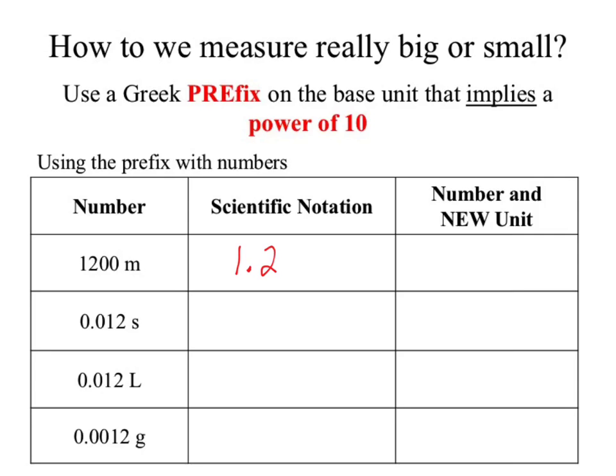1.2. Should I write the zeros? Why not? Why are they not significant? Because there's no decimal point. For those zeros to be significant, what has to be true?